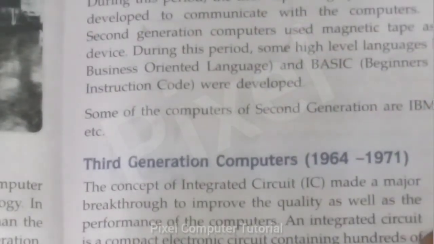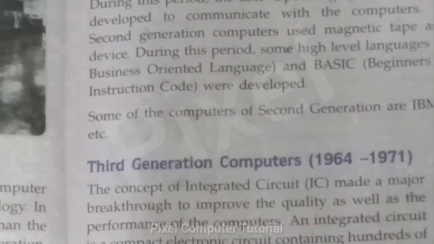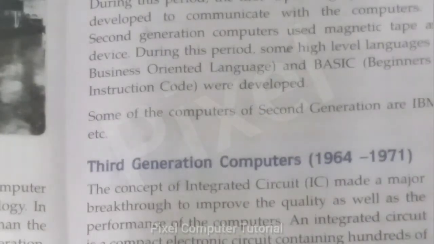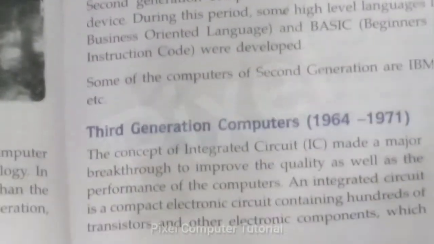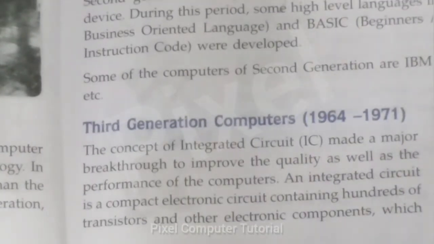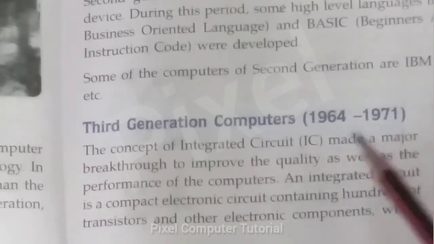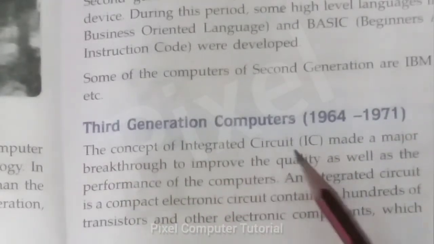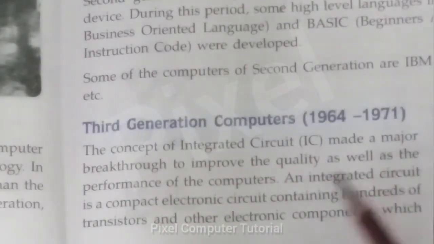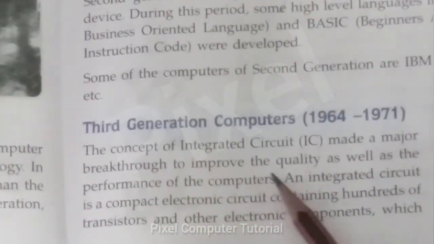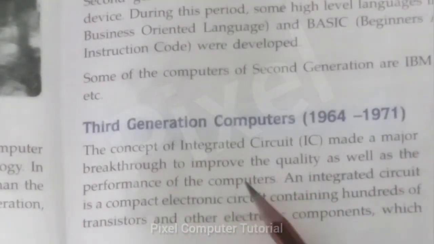So as we go to the third generation, it became a little better. So we'll go into the third generation to understand what actually more changes were done. Okay, so in the third generation, that is 1964 to 1971, the concept of integrated circuits, that is ICs, made a major breakthrough to improve the quality as well as the performance of the computers.